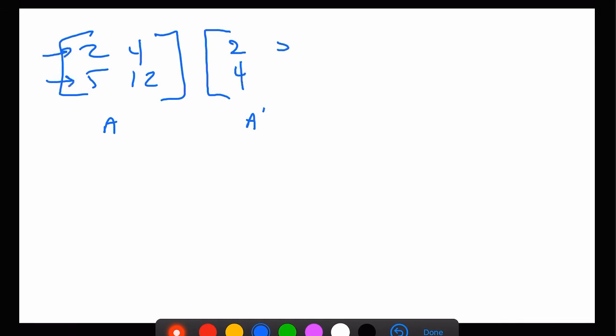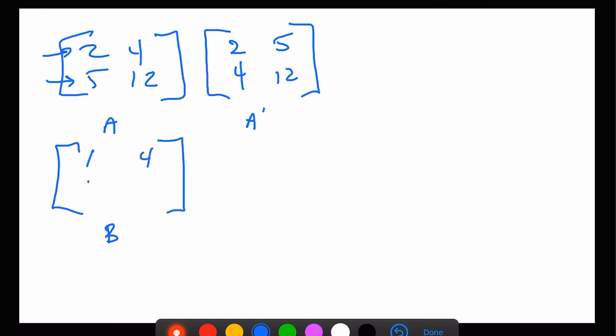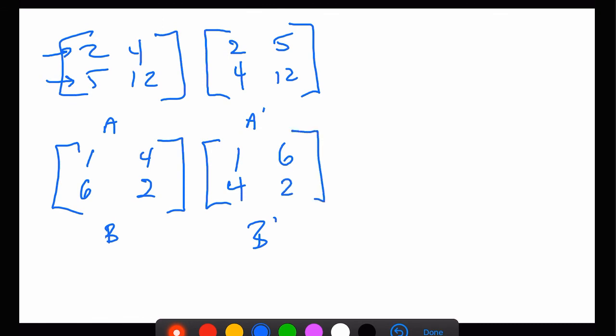The second row becomes the second column. And if I have a matrix B, and B is 1, 4, 6, 2, the transpose of B would be 1, 6, 4, 2.